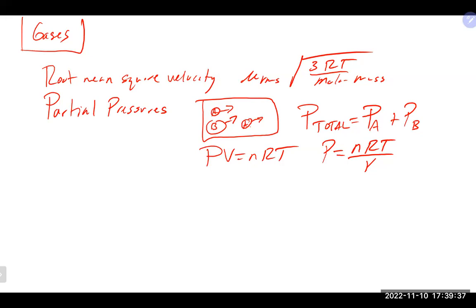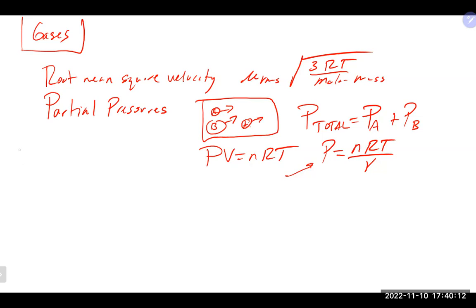One of the things that makes something an ideal gas is that there is no attractive or repulsion force between gas molecules, which means even though they are in the same container, you can assume that they are almost in there by themselves. So you basically do two or three individual ideal gas laws, depending on how many gases you have, and you add up all the pressures to give you your total pressure.